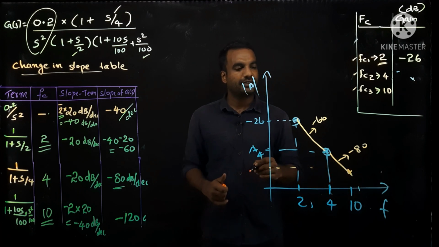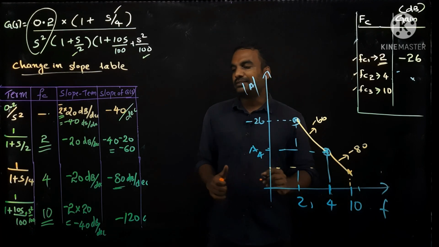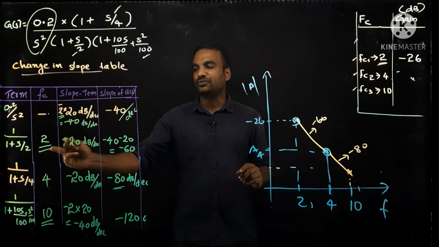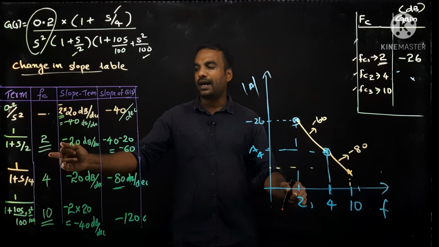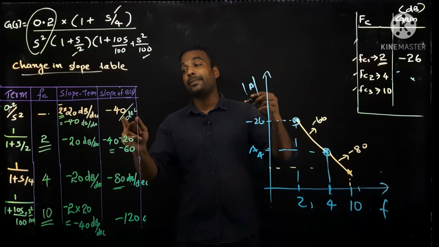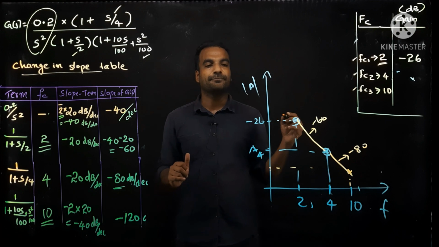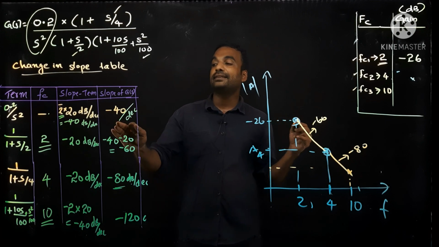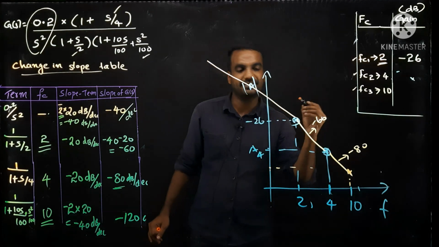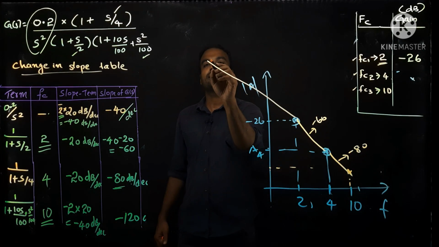And after that, you can see here is a minus 40 slope which you will draw, because the first corner frequency is 2. From 2 to 4 it is minus 60. So there is a line coming into the first corner frequency, and that line is coming from infinity. Why is it coming from infinity?